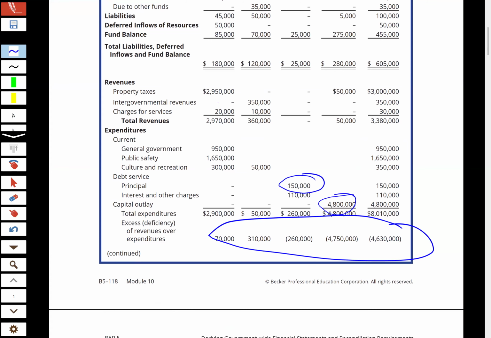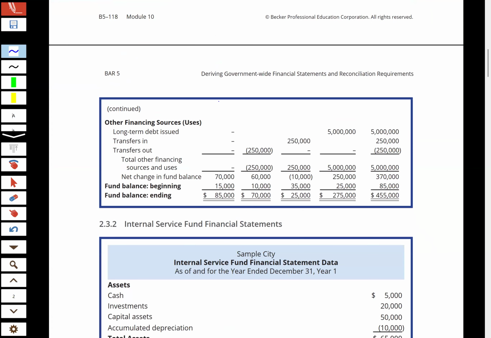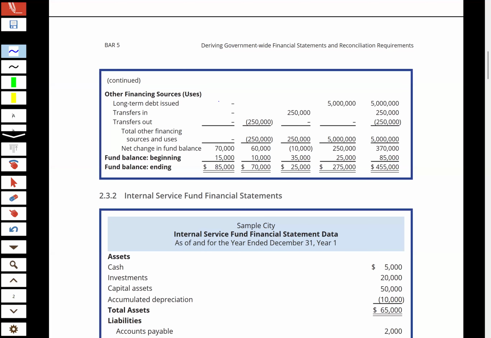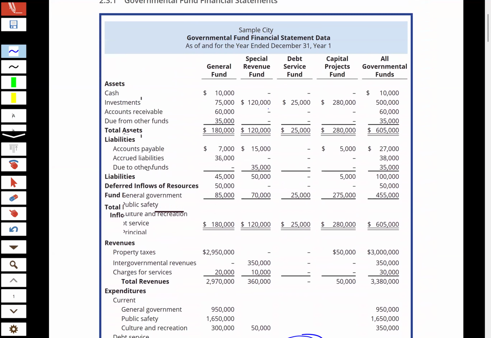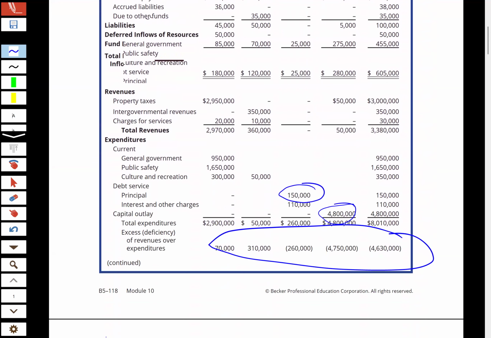And then, as we've been talking about for our governmental fund statement of revenues, expenditures, and changes in fund balance, we have that bottom part, which is really containing our other financing sources and uses. Notice here, guys, that we have the transfers in and out, usually they come from the general fund into another fund. I think in this example, it's going to the capital project fund, or okay, maybe the debt service fund there.